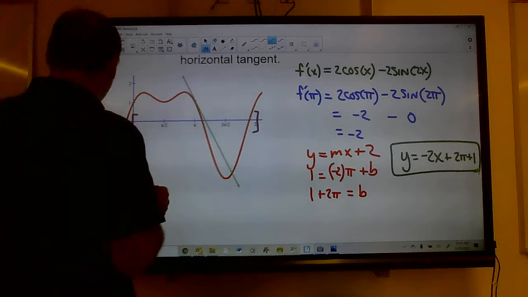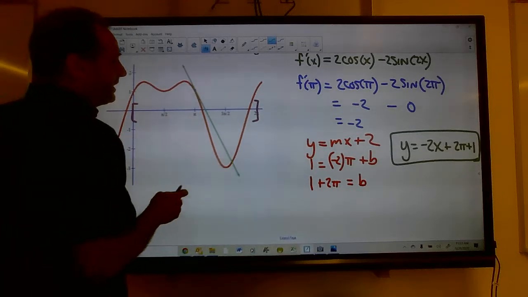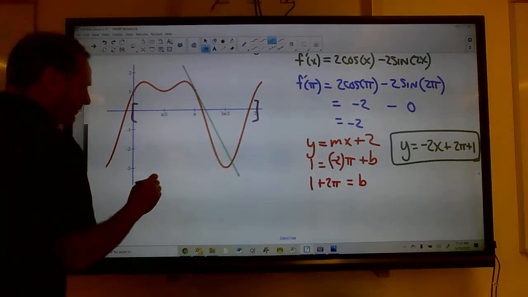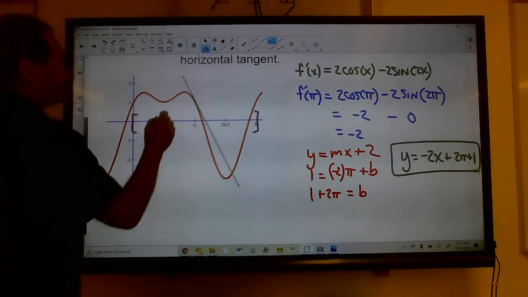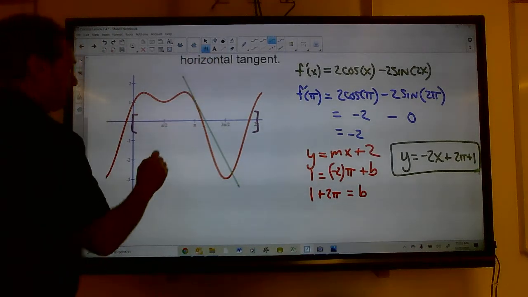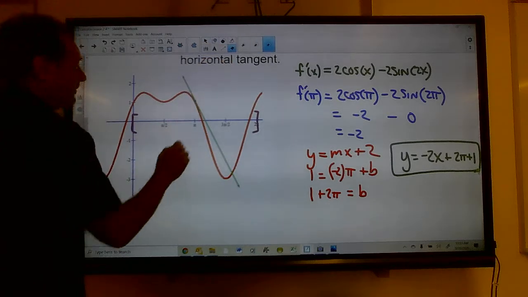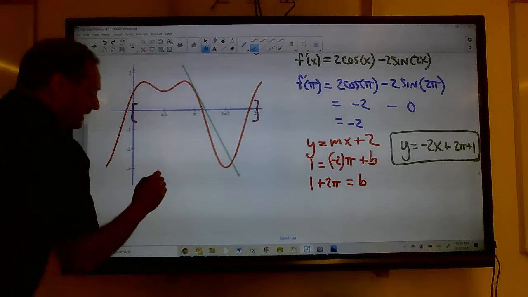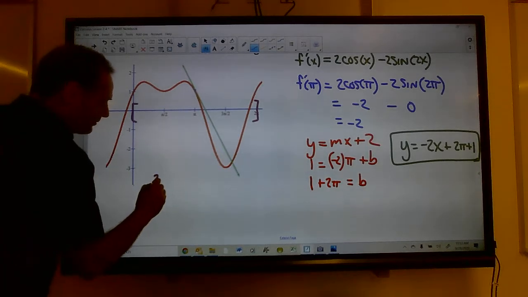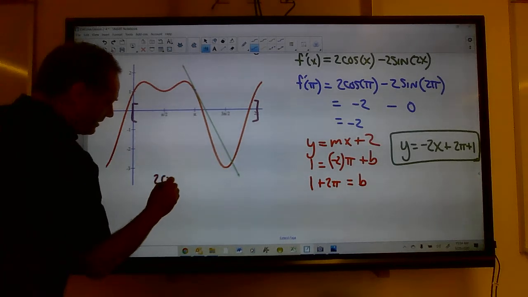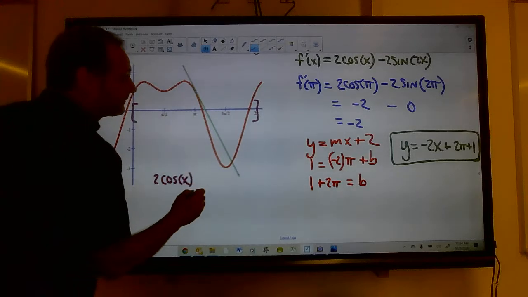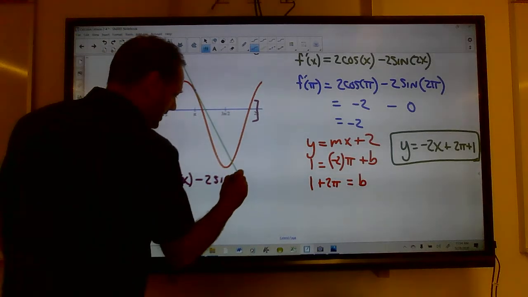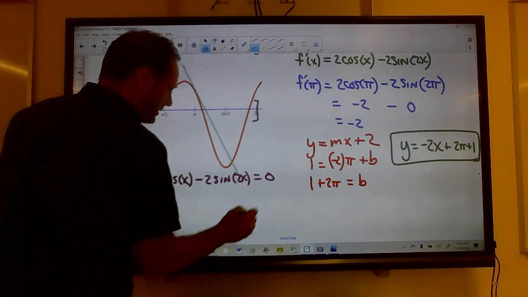So what I can do is take the derivative and find when the derivative 2 cosine x minus 2 sine 2x is 0.